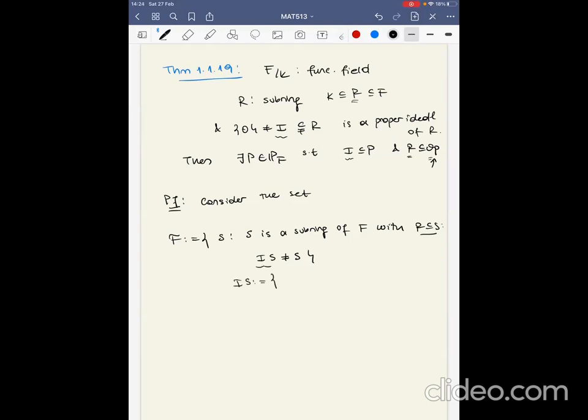Here recall that IS is defined as follows.